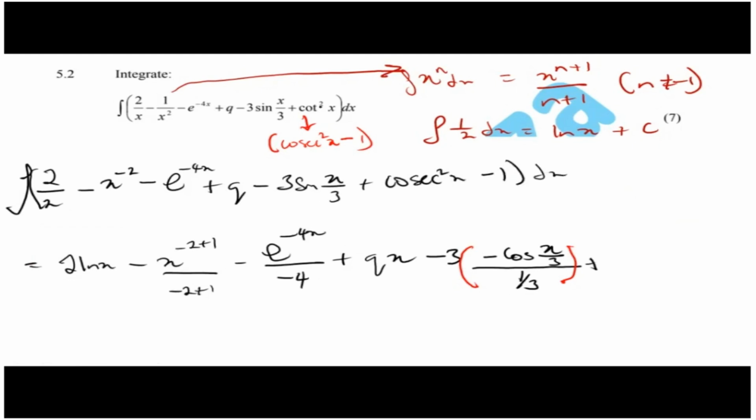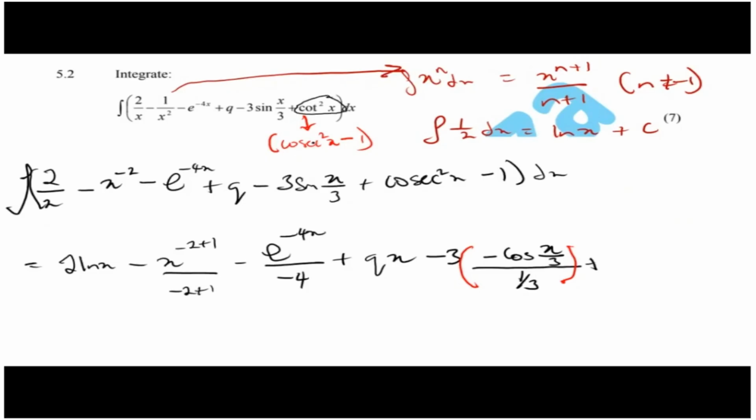There's no integral of cot squared. It's only cosec squared that has an integral. So you're supposed to use your identity for this one to simplify it.